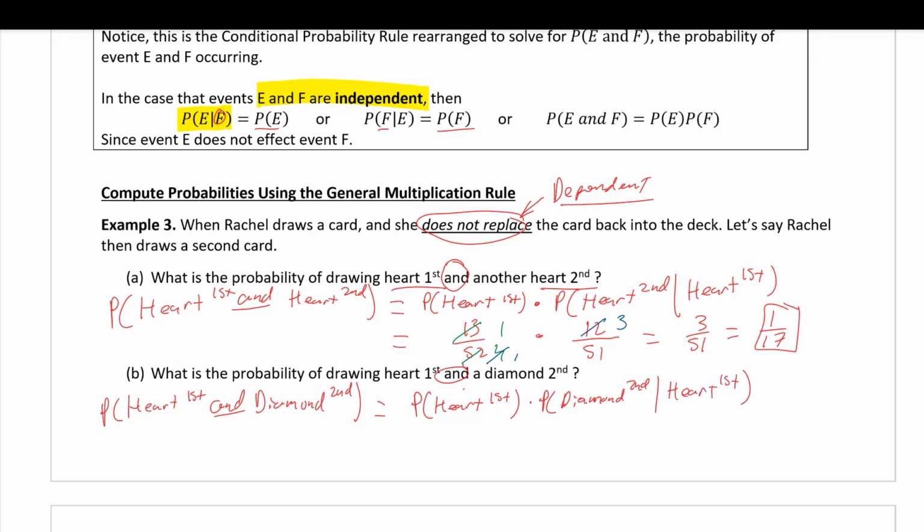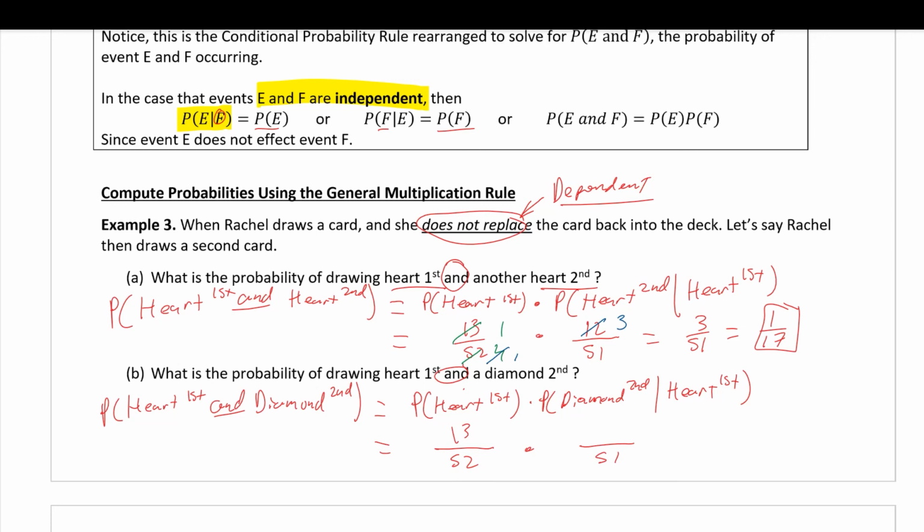Again, these are dependent events, so that second probability is affected by the first. That first fraction is, again, 13 out of 52 times another fraction. Again, we are not replacing that first card back into the deck, so we have 51 cards. As far as diamonds are concerned, the first card we took out was a heart.